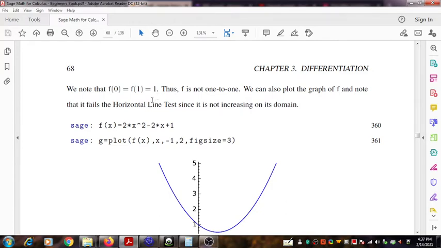We can also plot the graph of f and note that it fails the horizontal line test, since it is not increasing on its domain. When we apply the horizontal line test, you can see that the function does not satisfy it. It's also not 1 to 1.